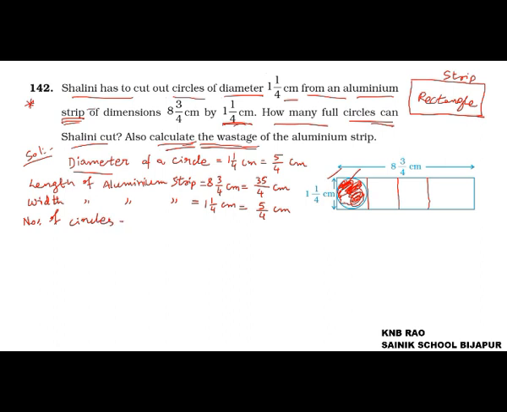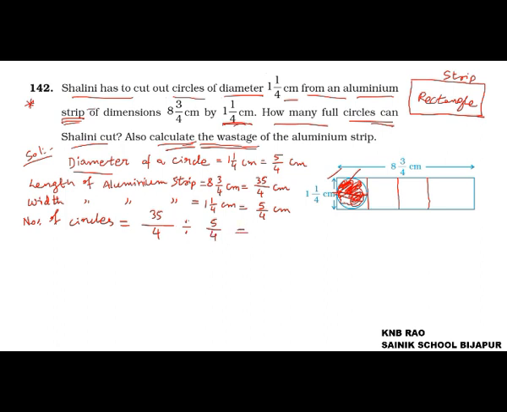The number of circles is the length of the strip, that is 35 by 4, divided by the diameter of the circle which we are looking for, that is 5 by 4.